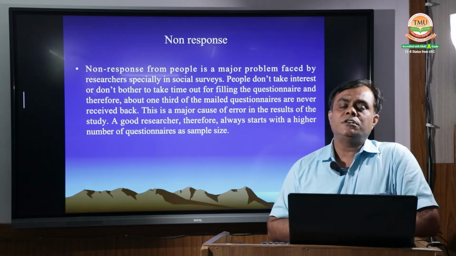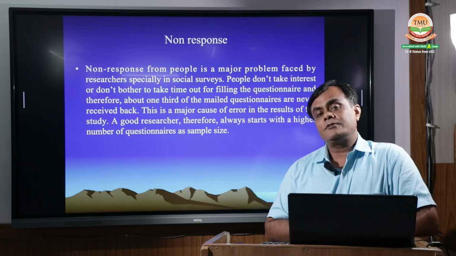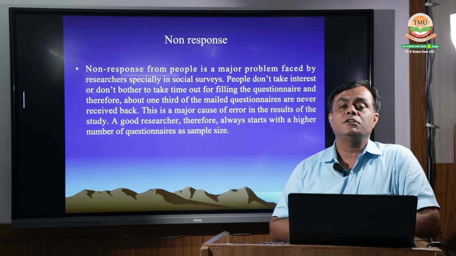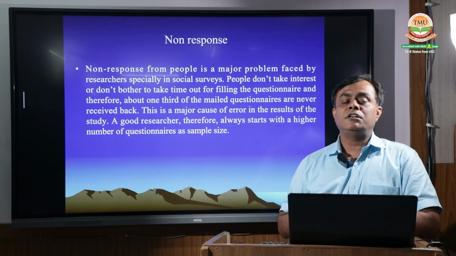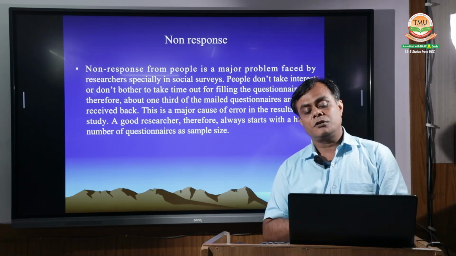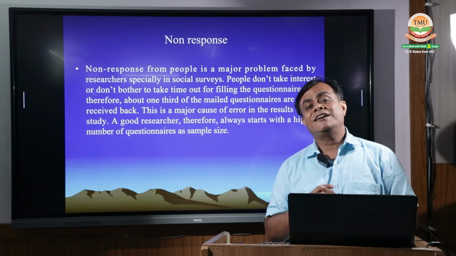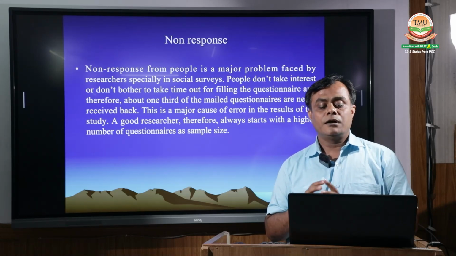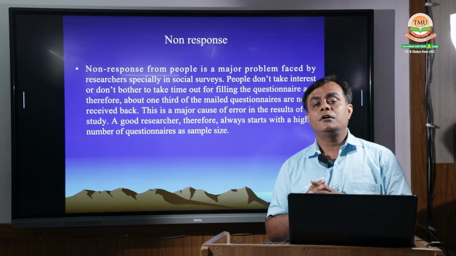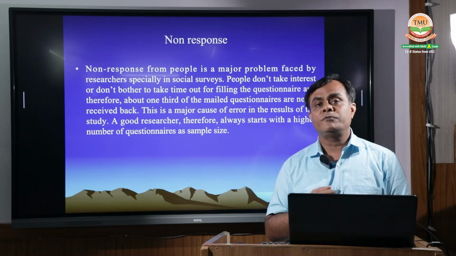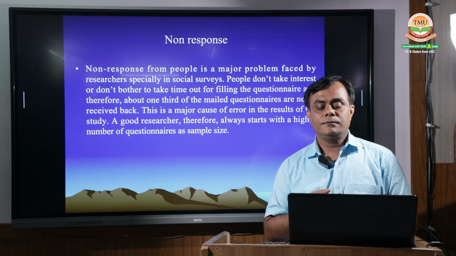Because of non-response to the mail questionnaire, the direct interview or the schedule, the only option for the researcher or investigator is to increase the number of questionnaires in a very large manner.